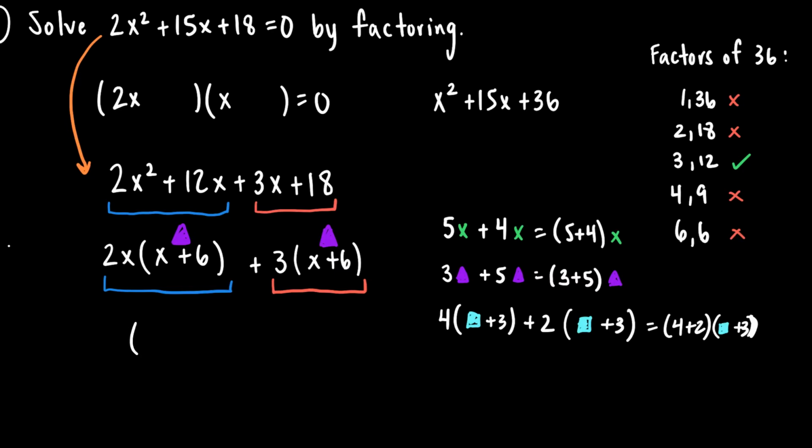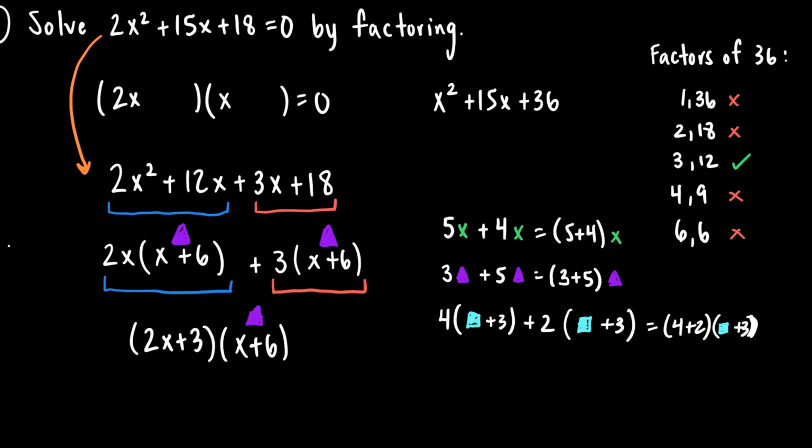I really have 2x plus 3 purple triangles. What is my purple triangle? It's the x plus 6. So if I have 2x purple triangles and I add 3 more purple triangles, I have 2x plus 3 purple triangles, where the purple triangle, I'm doing air quotes here, is the x plus 6 part.